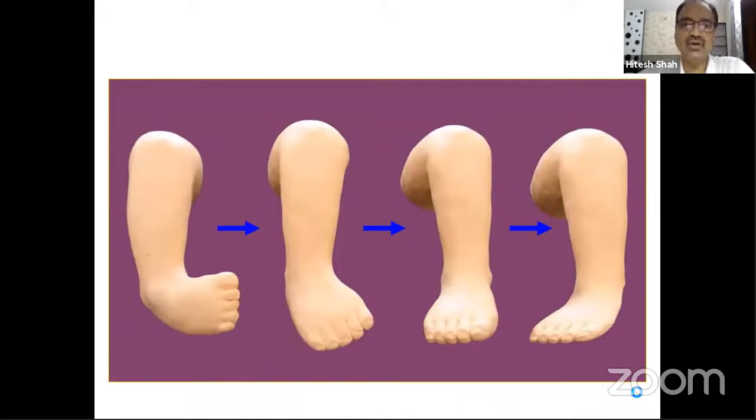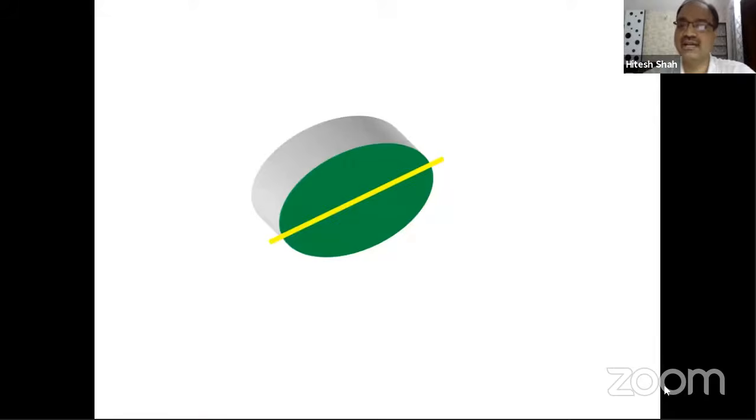And this model will give you the idea how we can correct it. At the first presentation the cavus is corrected, followed by that we can abduct and do the forefoot correction. After that, more abduction can lead to the hindfoot varus correction. And at last, we can do the hindfoot equinus correction by the Tendoachilles tenotomy.